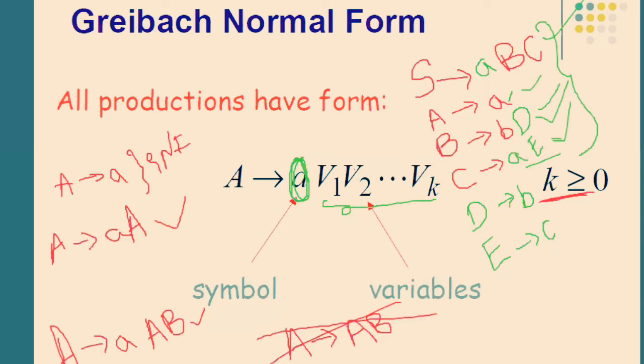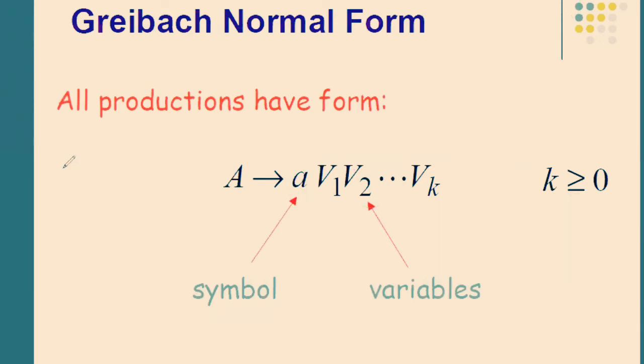Right? Now, suppose the given problem consists of productions like this, let me take the same grammar again. S tends to ABC. B tends to BB. Then we have A tends to small a.